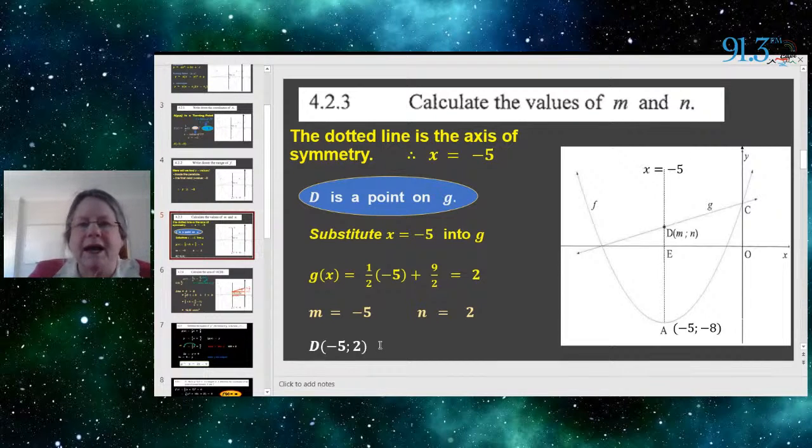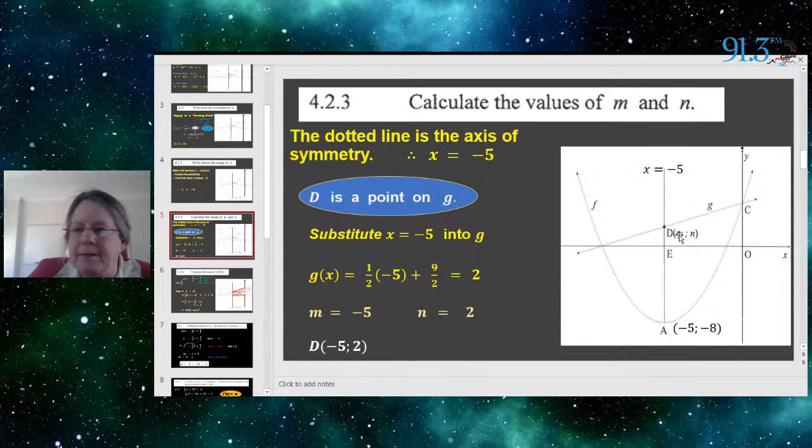So let's just highlight what I just told you. First of all, vertical lines have got an equation. This is a very specific one. It's your axis of symmetry. And the x value is -5.